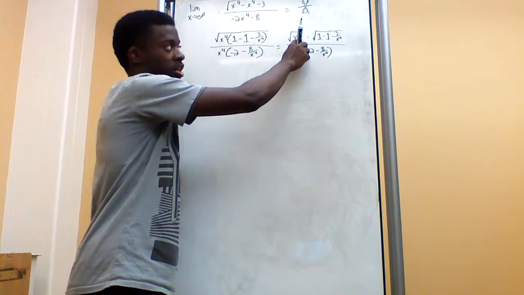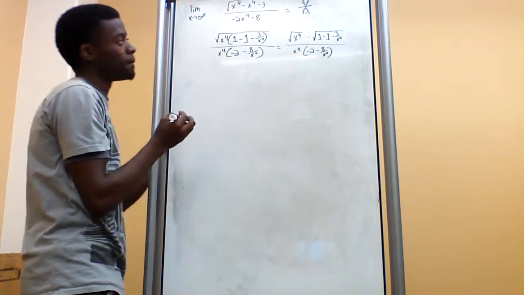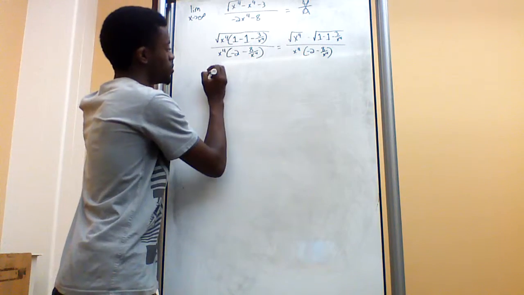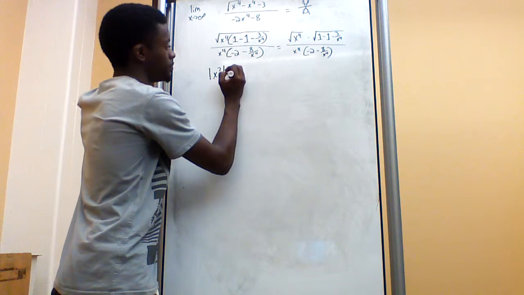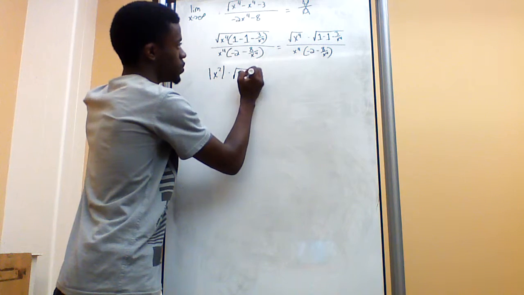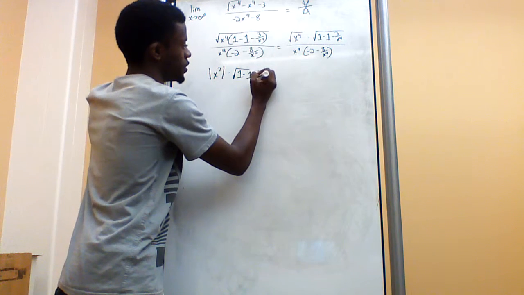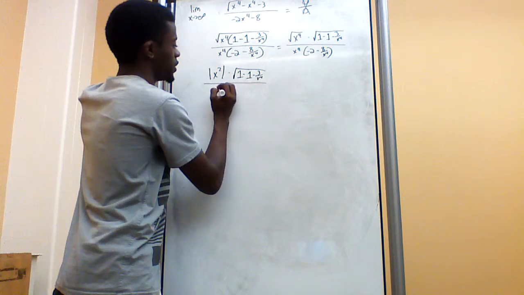Now we're going to change x to the 4th, and we're going to change it to the absolute value of x squared times 1 minus 3 over x to the 4th.